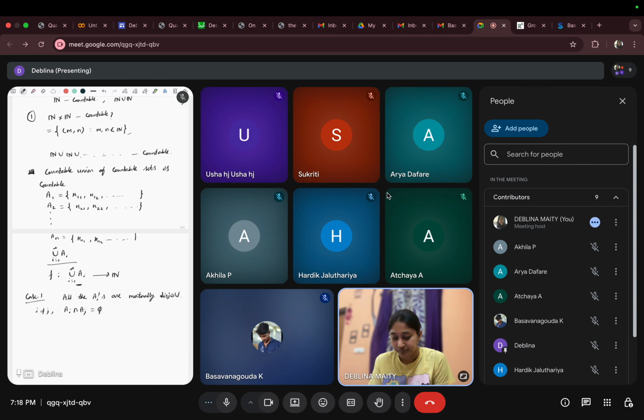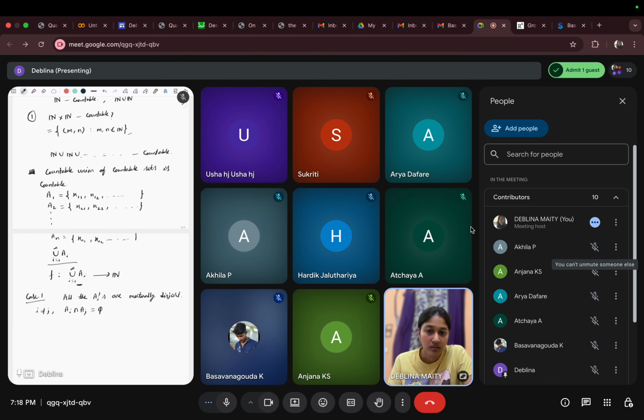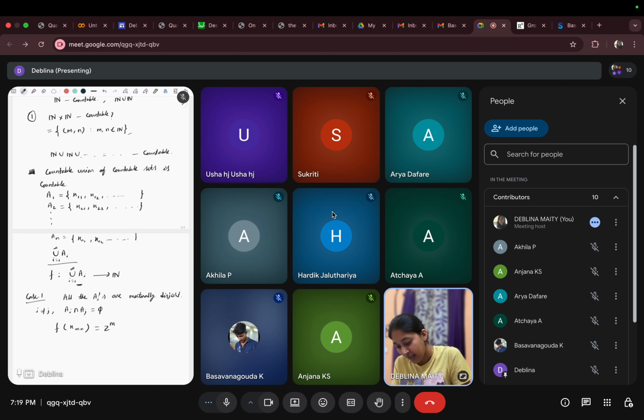They are disjoint. So in the first case, we will take this mapping F of x_mn, a general element belonging to this union, to be 2 to the power m times 3 to the power n.